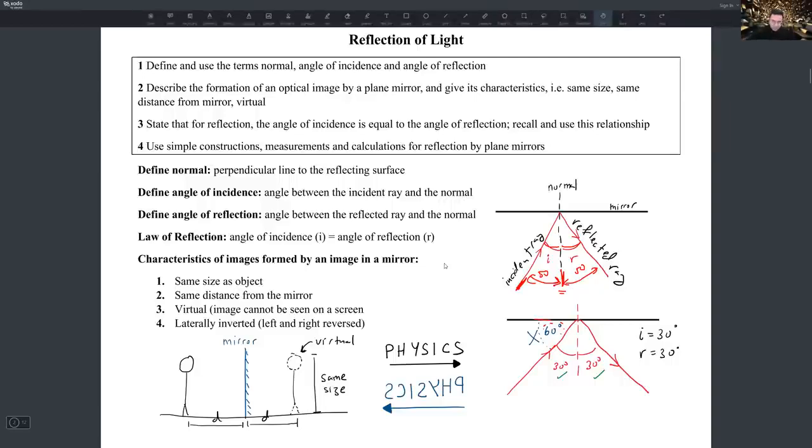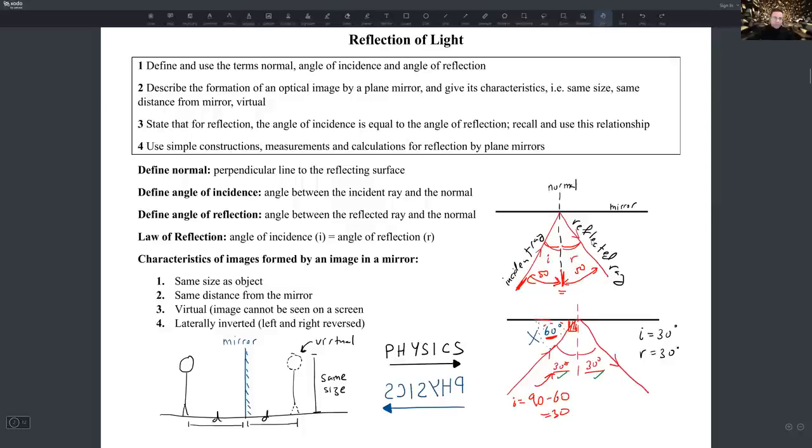Since the normal, which is the perpendicular line to the mirror, is at 90 degrees, if this is 60, then the angle of incidence is actually 90 minus 60, which is 30. So how do you get the angle of incidence if it gives you the angle between the mirror and the ray? 90 minus this angle, and it's 30. Then the angle of incidence is 30, the angle of reflection is 30. Easy peasy. Done. That's the angle of incidence and the angle of reflection, the incident ray and the reflected ray.